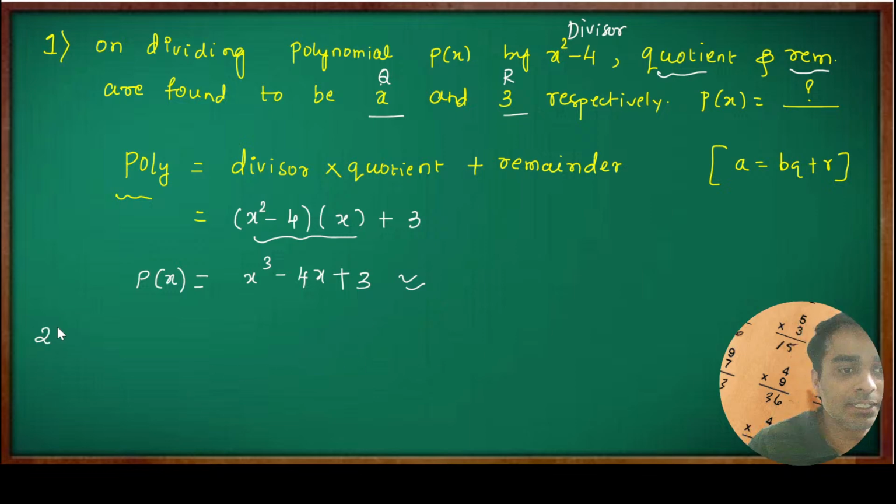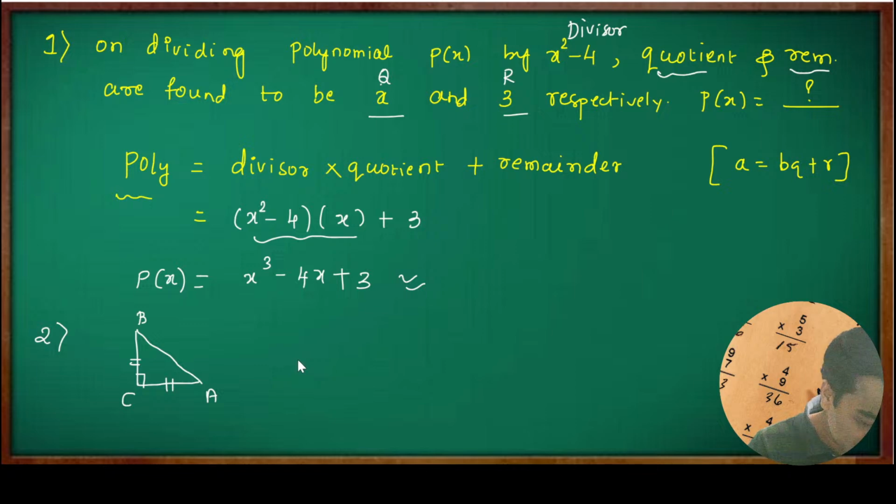Let's take second question. There is a triangle given to you, which is an isosceles right angle triangle, with ABC marked like this.